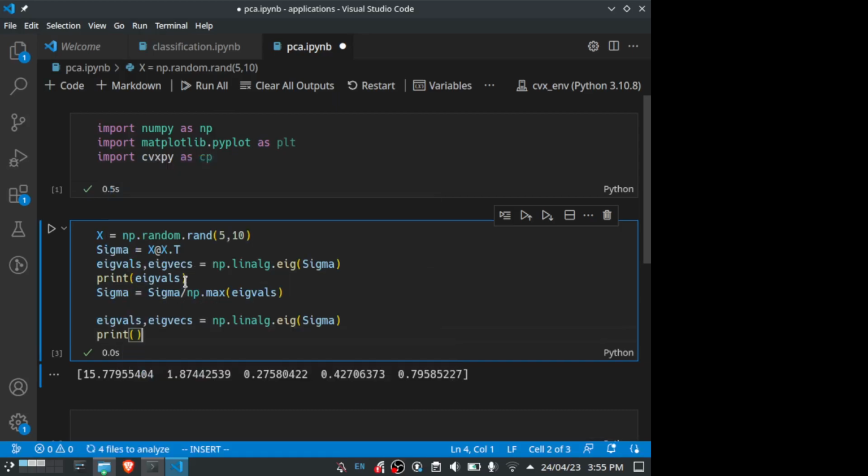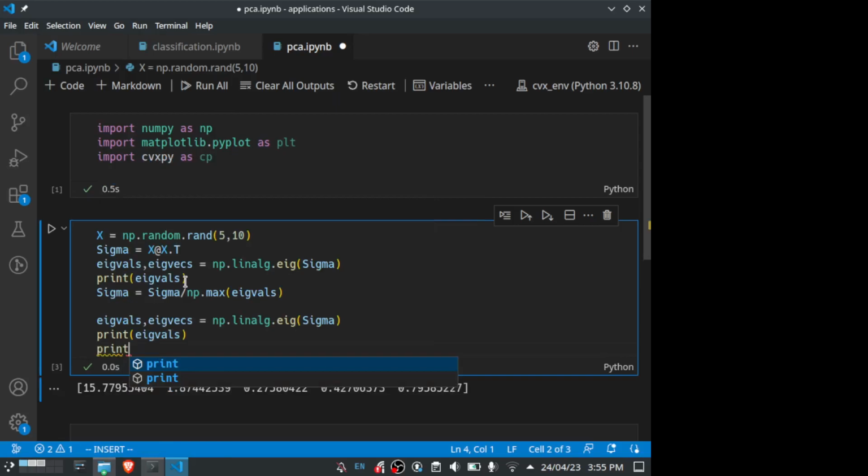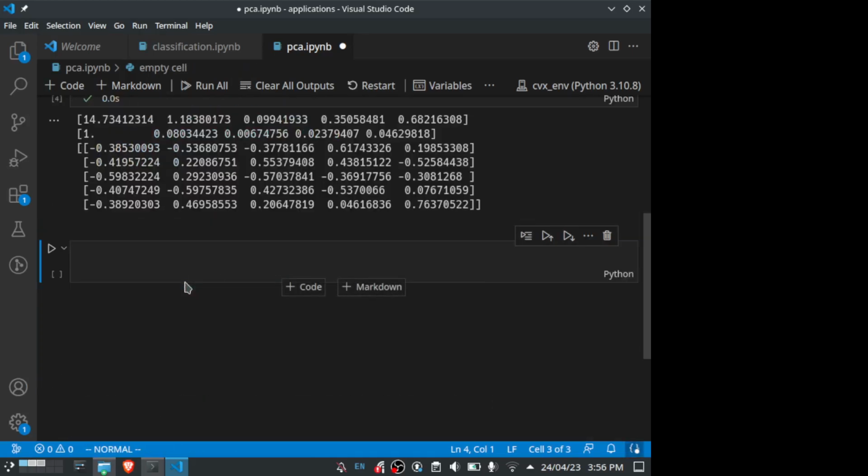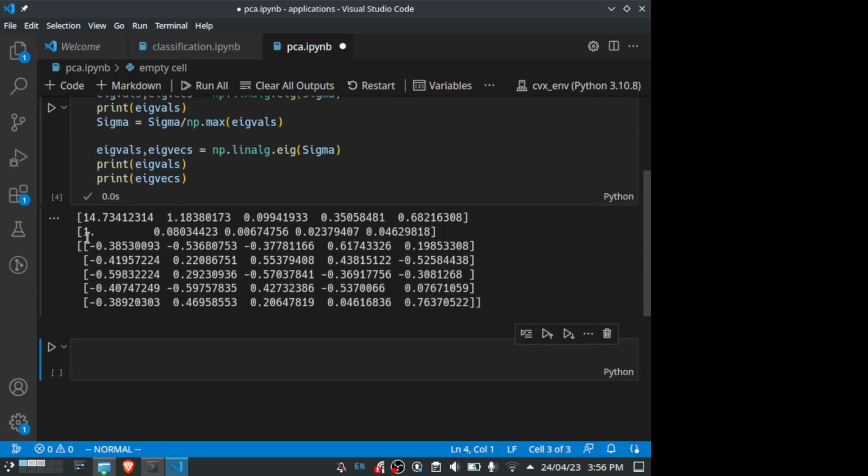So the largest eigenvalue is 1. The remaining eigenvalues are fairly small, as one would expect.